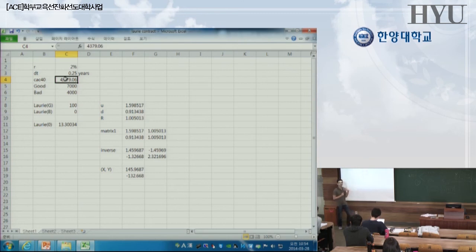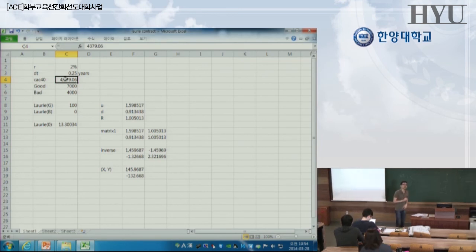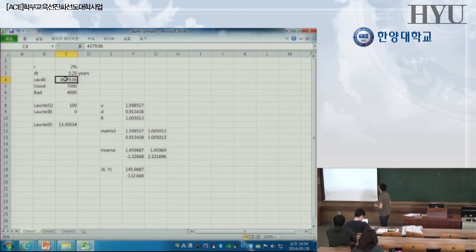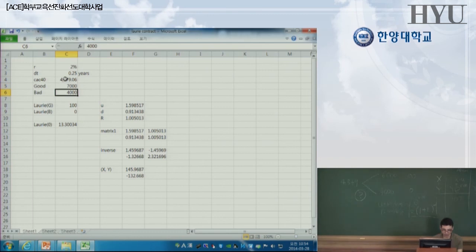We can apply the exact same argument. I change the bad scenario. If we decrease the bad scenario, say to 3,000, it means that the low risk contract goes up.